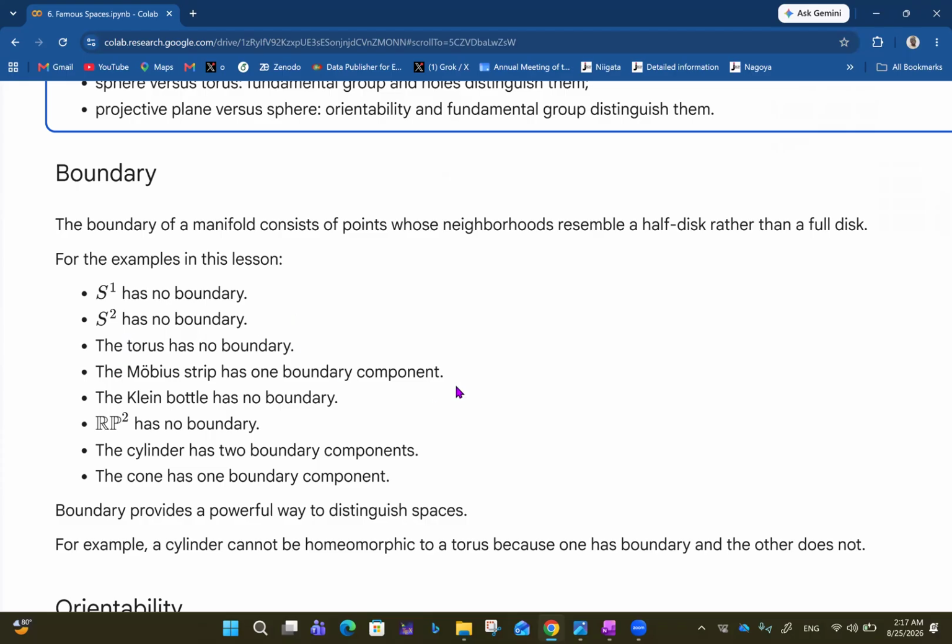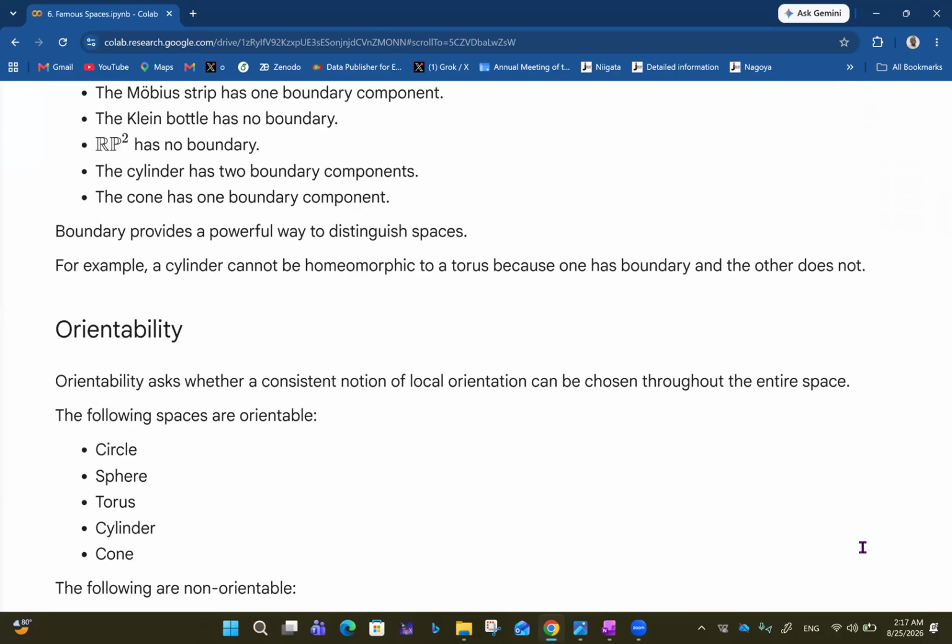The Mobius strip has one boundary element, the Klein bottle has no boundary, RP squared has no boundary, the cylinder has two boundary elements, the top and bottom circles, the cone has one boundary component, which is the base circle, right? Boundary provides a powerful way to distinguish spaces. For example, a cylinder cannot be homeomorphic to a torus because one has boundary and the other does not. So for them to be homeomorphic or topologically equivalent, they have to have the same kind of characteristics.